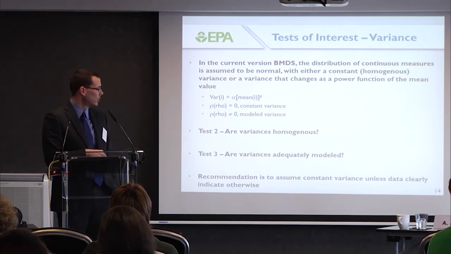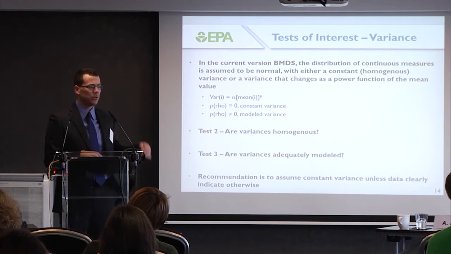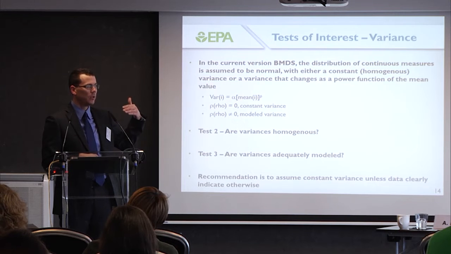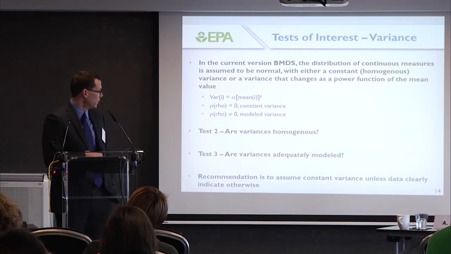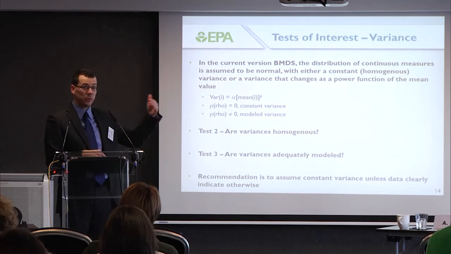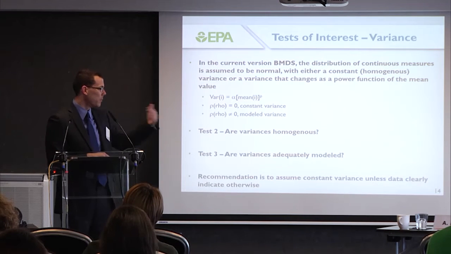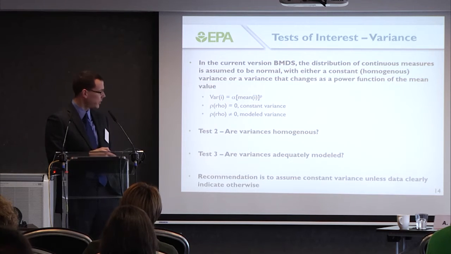So if you model data and test 2 is telling you that the variance is constant, but you told the software to model the variance as increasing, test 2 will say, hey, the variances are constant, and test 3 will say, and you did not handle it well, go back and remodel the data assuming constant variance.